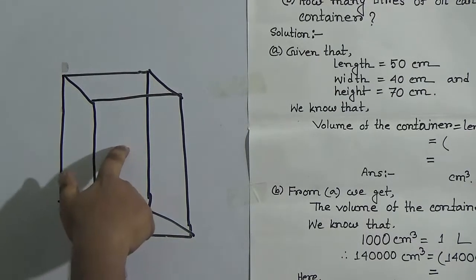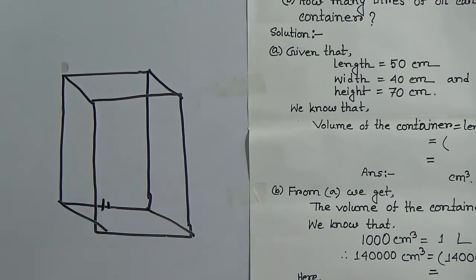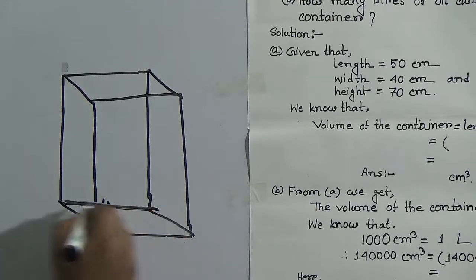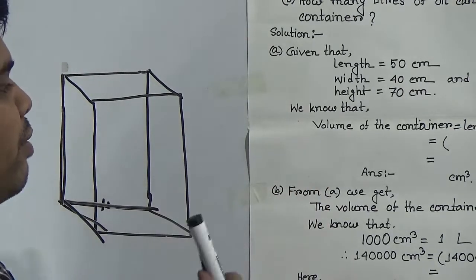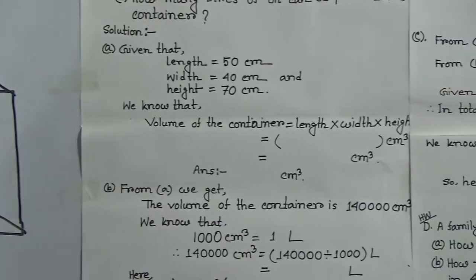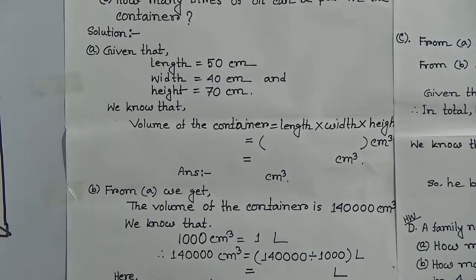So we need to find out the volume of this container. The volume of this container is length, width and height. That means length multiply width multiply height. So the formula of the volume of the container is length multiply width multiply height.